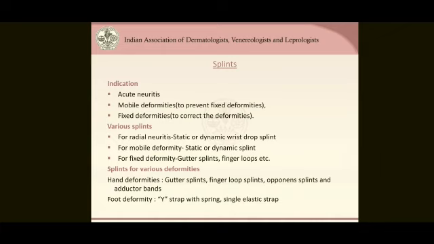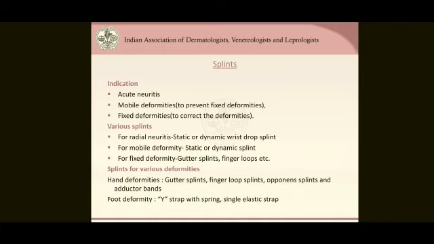Splints. Indications: acute neuritis, mobile deformities to prevent fixed deformities, and fixed deformities to correct the deformities. Various splints: for radial neuritis, there is a static or dynamic wrist drop splint. For mobile deformities, there is a static or dynamic splint.